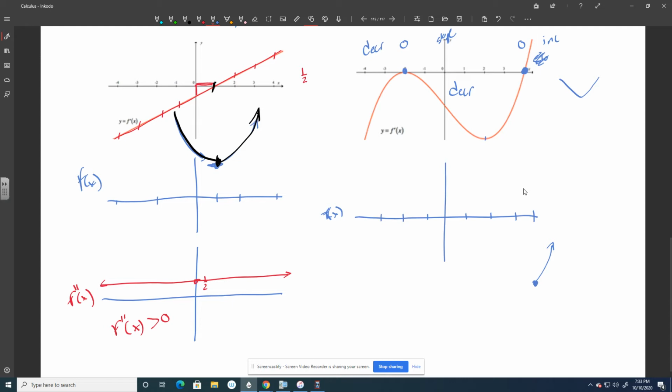And this is where it wants you to not just look at the first derivative, but to look at the second derivative. Because if I were to draw my second derivative, let's do that one in black, remember my second derivative is the slopes of my first derivative. So right here, my slopes are positive until I get to -2.